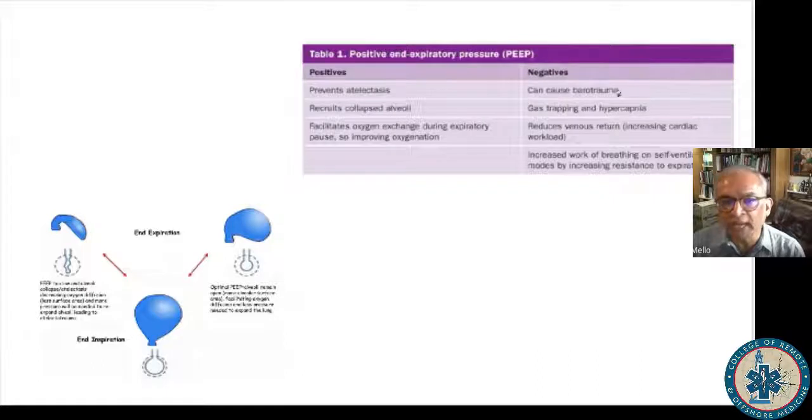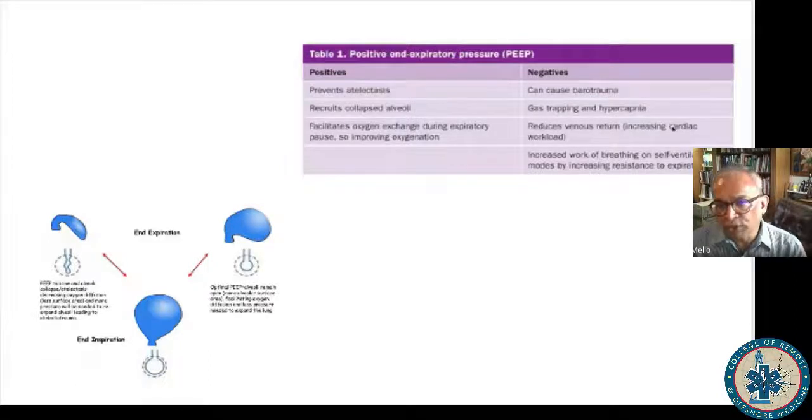But the downside is that it can cause barotrauma, it can cause gas trapping and hypercapnia, and it reduces venous return. This is why when you're intubating a critically ill patient, quite often you will get a drop in blood pressure, because venous return is reduced and therefore the blood pressure drops.